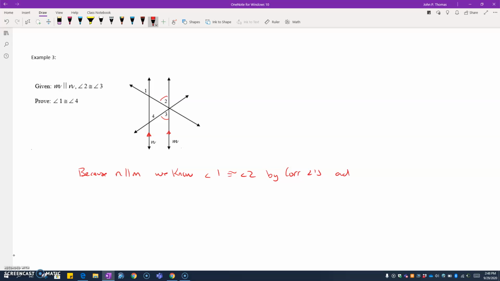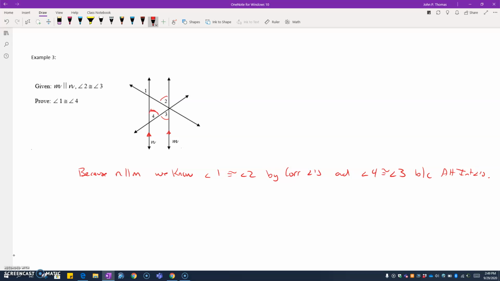And we know angle 4 is congruent to angle 3 because they're alternate interior angles.